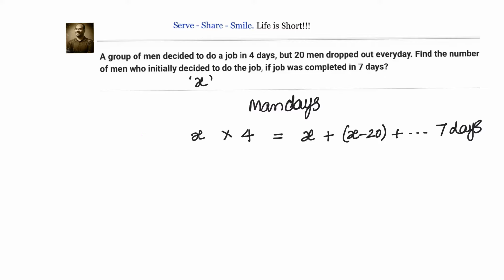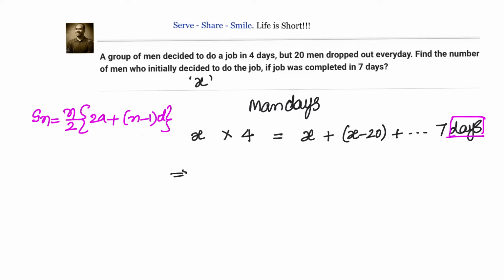So the formula we'll be using to find the sum of n terms is S of n equals n by 2 into 2a plus n minus 1 into d, where n is the number of terms. Here it is 7 terms, and a is the first term, or basically X, and the common difference is minus 20. So let's go ahead and substitute them.